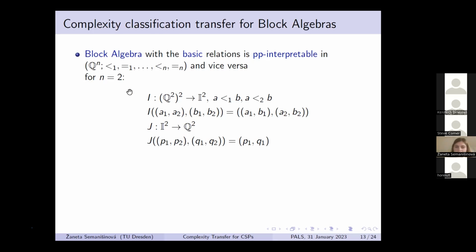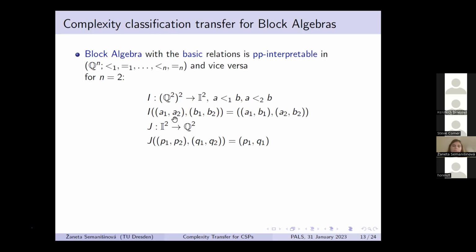Just for illustration, if n is equal to 2, we can interpret the pairs of intervals, so the rectangles, in the second power of Q, just by restricting the domain of the surjection, because we know it can be a partial surjection, to those pairs a and b where a is less than b in the first and second coordinate.